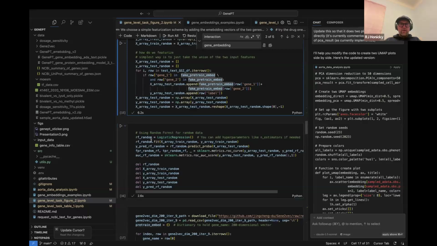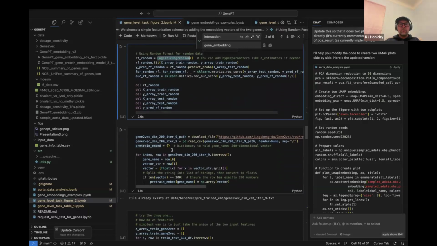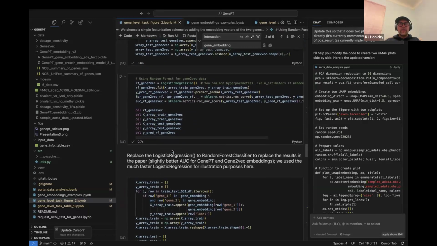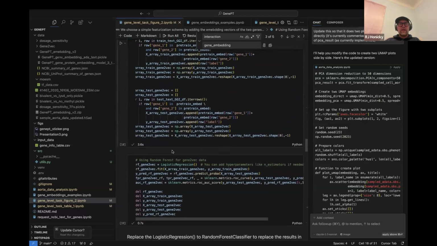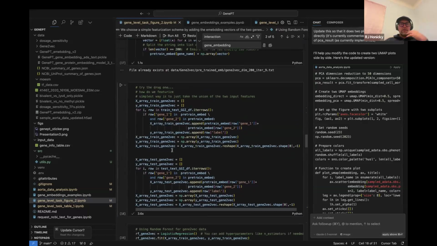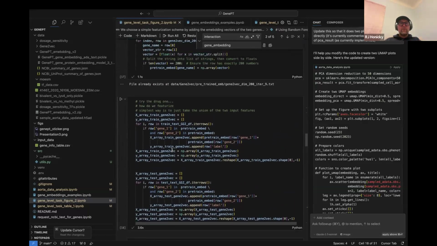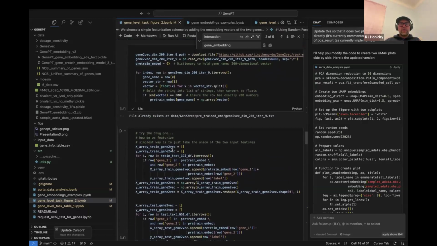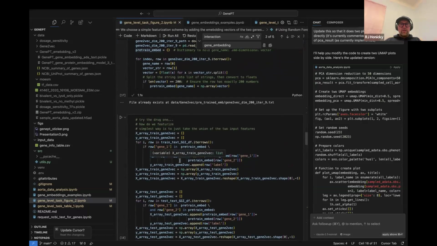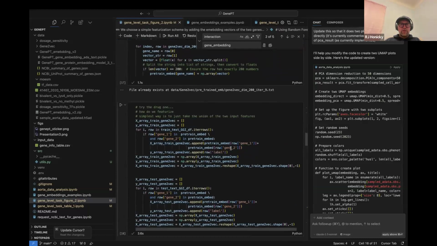They fit, in this case, logistic regression. I actually also tried LightGBM, and it doesn't make a huge difference, but it's a lot faster. It does slightly beat the logistic regression, but it doesn't matter. So they sum the two genes together.